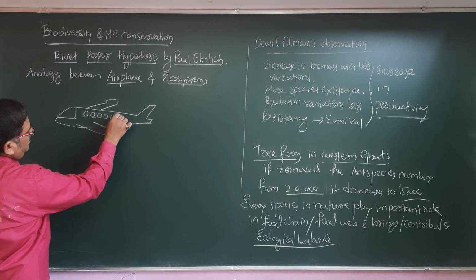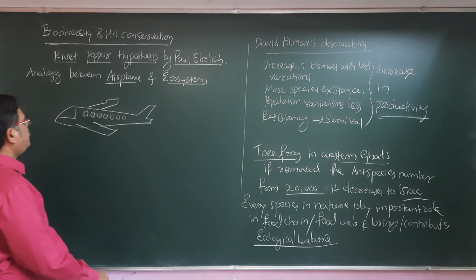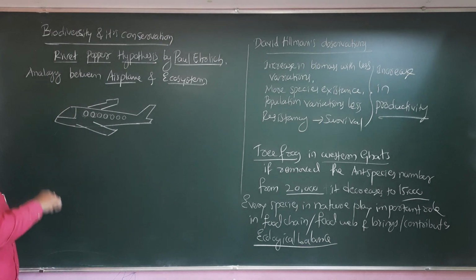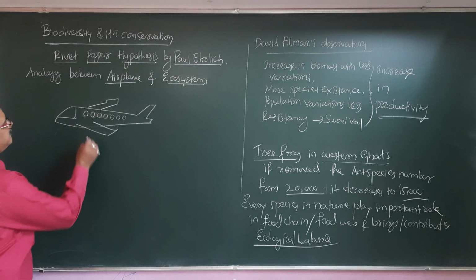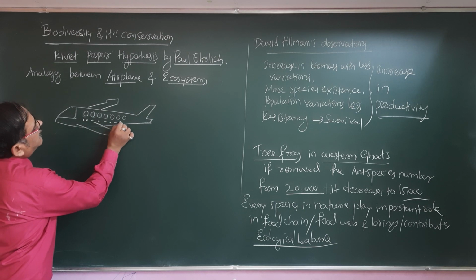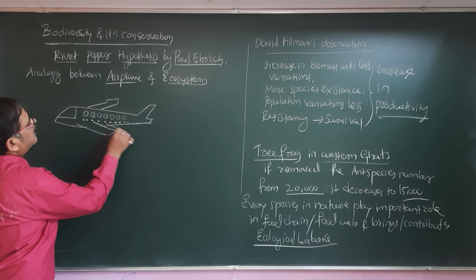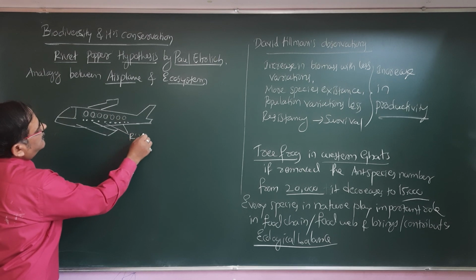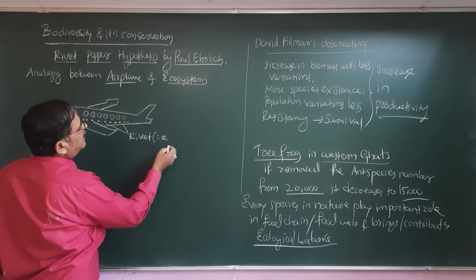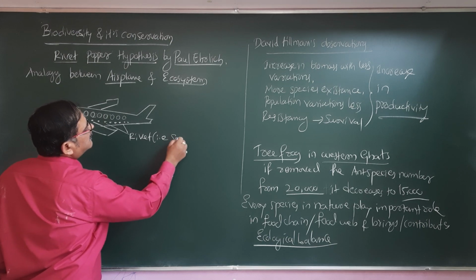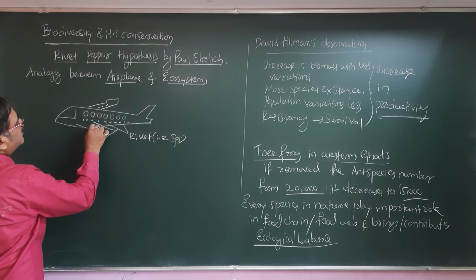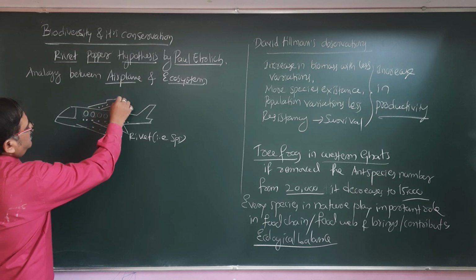But considering this as an ecosystem, the aeroplane is made up of lots of rivets. Those have to be considered as species. Then there are the rivets on the wings, the wing.